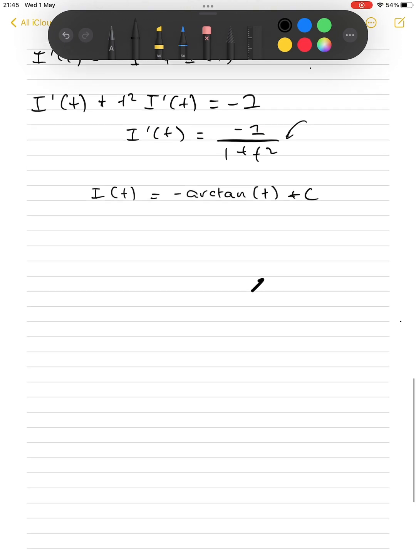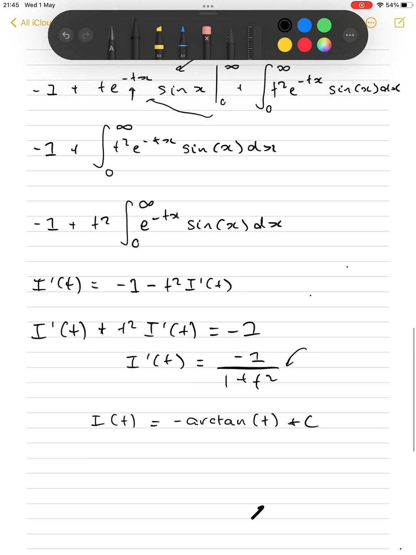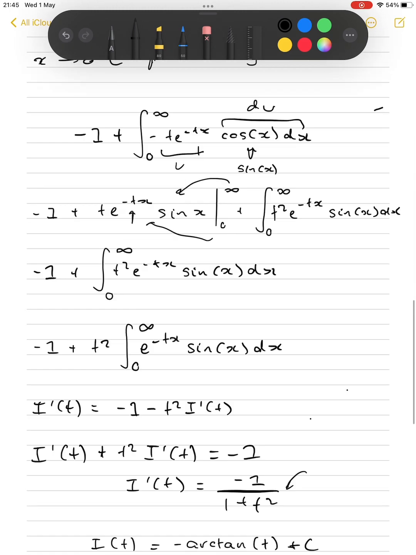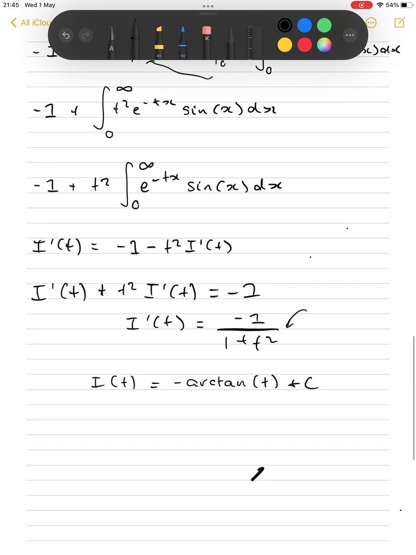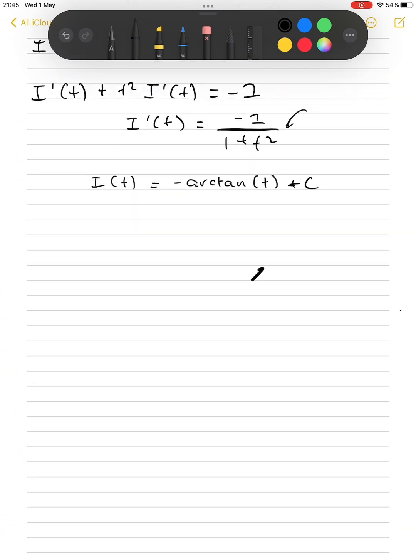Okay, so what now? We're going to compare this arctan t to our original expression I of t. So we're going to rewrite the entire expression as we had it: negative arctan t plus c is actually just equal to the improper integral that we had at the beginning, the integral of e to the minus tx sine x over x dx.